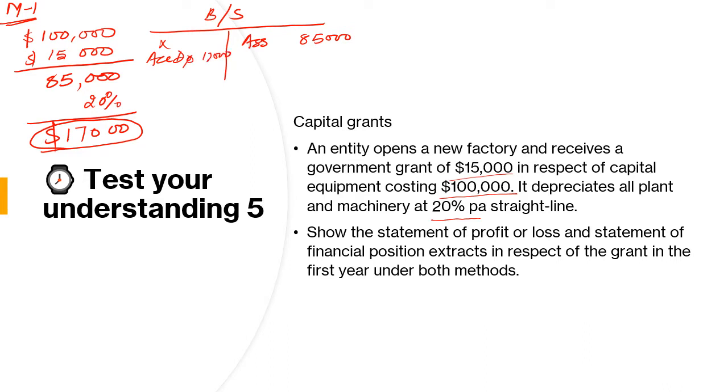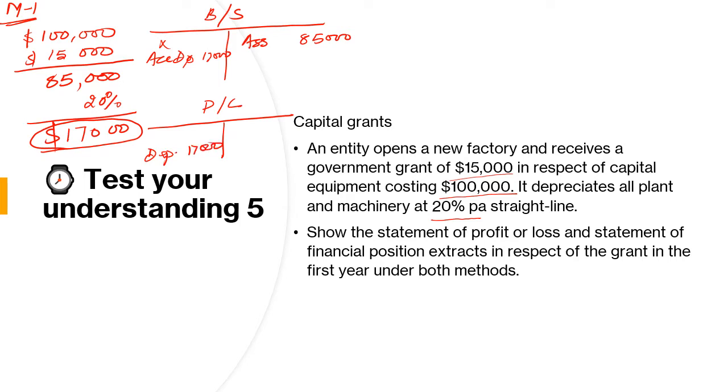This is the treatment in balance sheet. And in profit and loss account, this 17,000 will come as an expense. So depreciation 17,000.